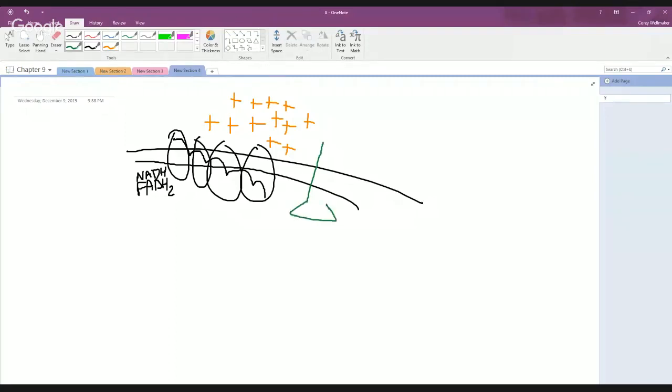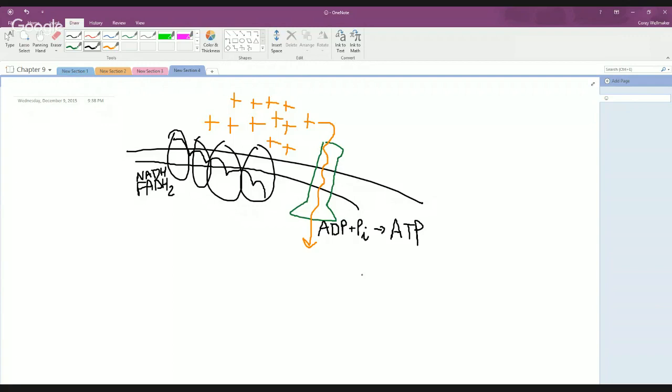So over here you have ATP synthase. The hydrogen ions diffuse through ATP synthase, and as they do that, energy is released, and that energy is captured by ATP synthase to take ADP and inorganic phosphate and do a dehydration reaction to make ATP.